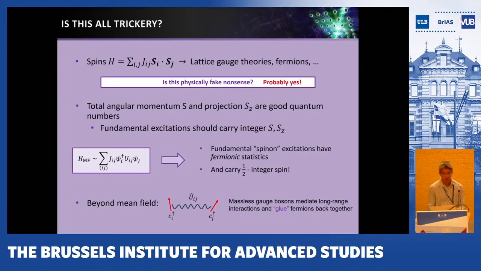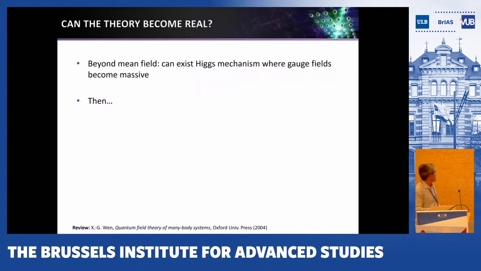Okay? But then, Xiaogang Wen in the early 2000s came around and said, well, not so fast. So we know from high energy physics that we can have something like a Higgs mechanism where gauge fields become massive. And then if that happens, then all of a sudden they can no longer mediate long-range interactions between the fermions.